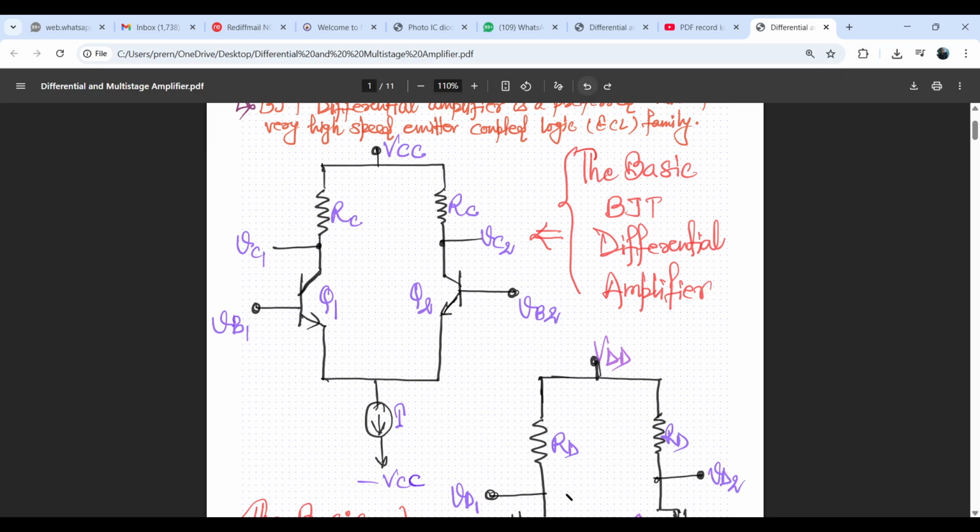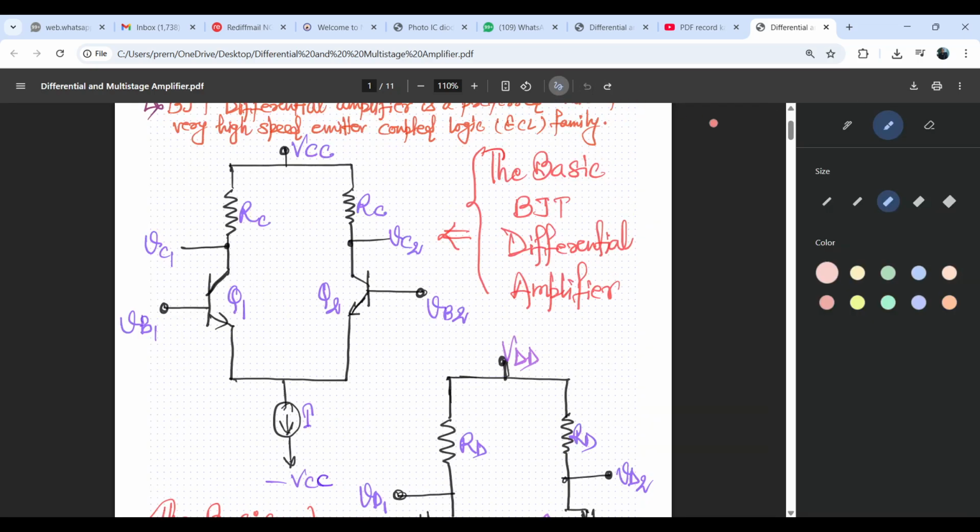So let me write. This one is the supply voltage, clear, and this one is one transistor, and this one is our VC1.